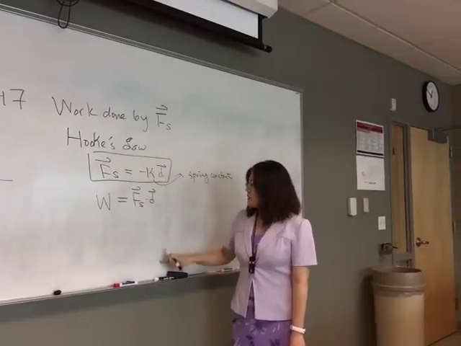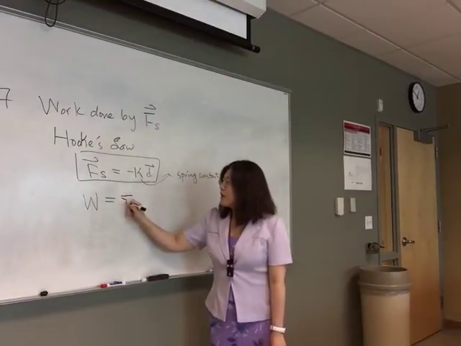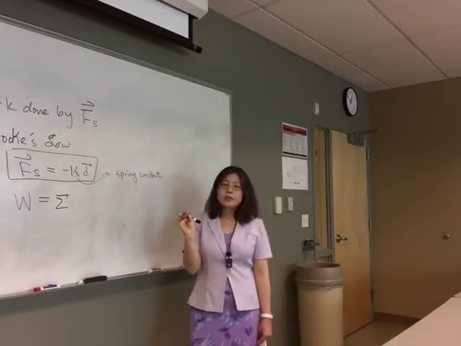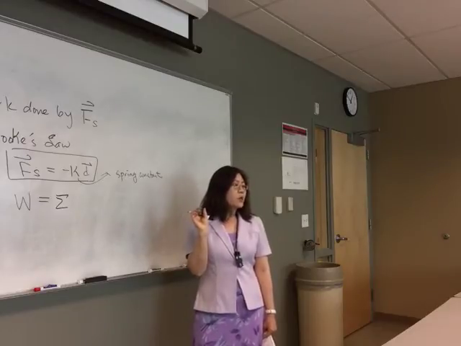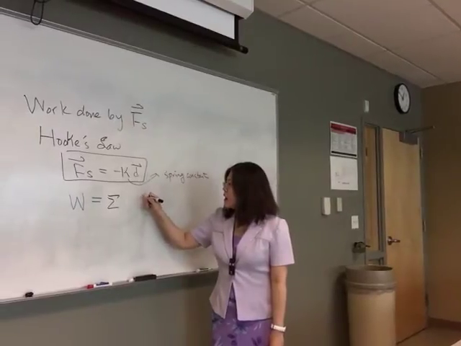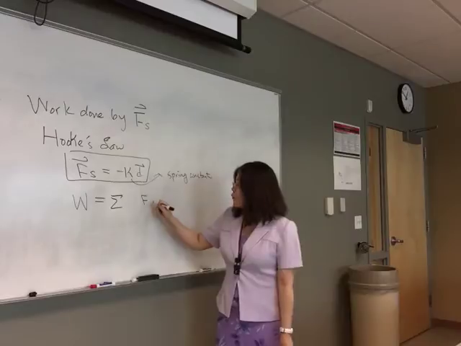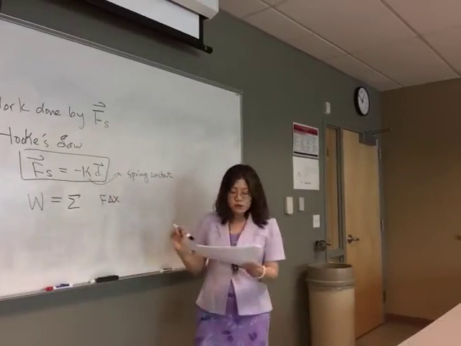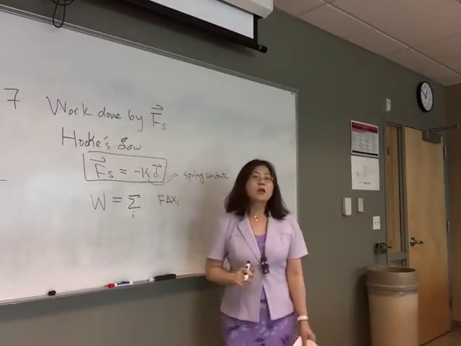Instead of using this equation, if I divide the displacement so small that the force within that displacement is approximately constant, then I can take my force times that small displacement within that small section, and then I sum up all the small components. This is how you would do it.